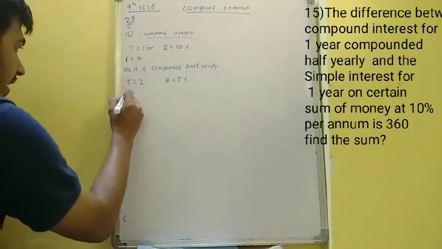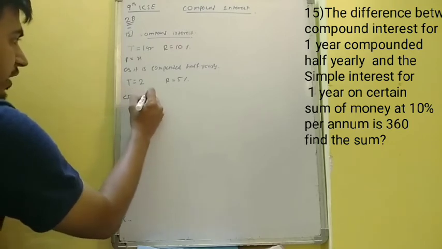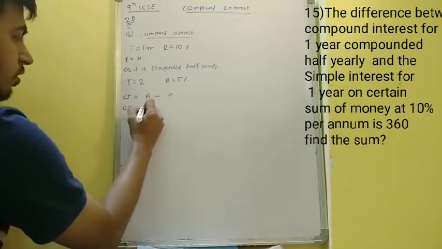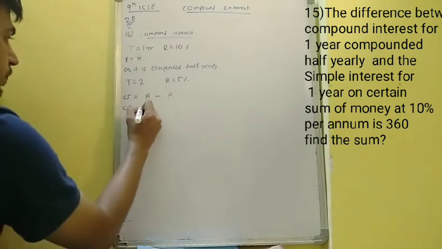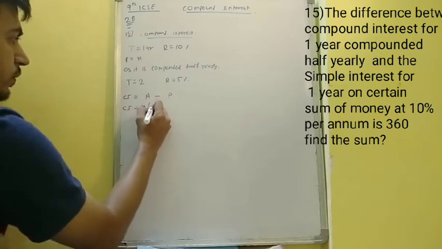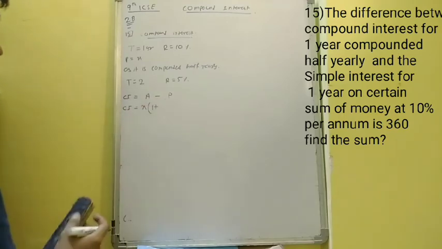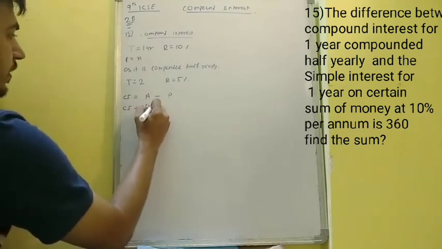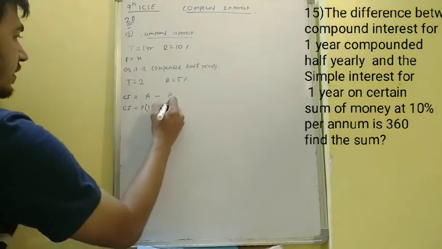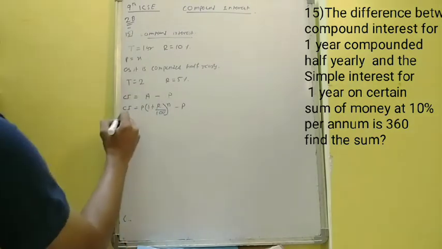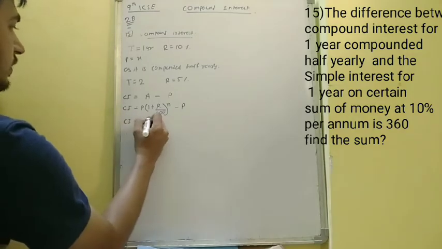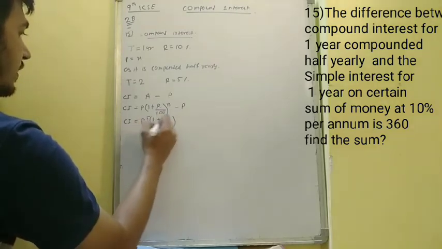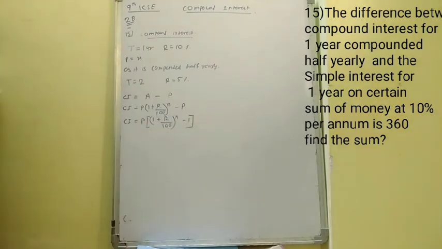To find the compound interest, the formula is amount minus principal. What is the formula of the amount? Principal is x, so P into 1 plus R upon 100 raised to n, minus P. When I take P common, I will have 1 plus R upon 100 raised to n minus 1.